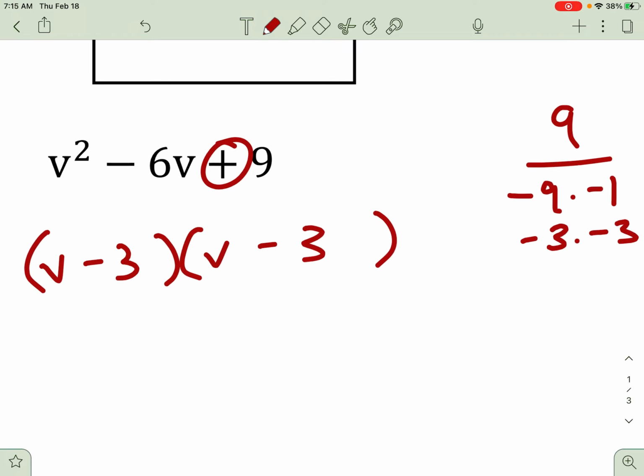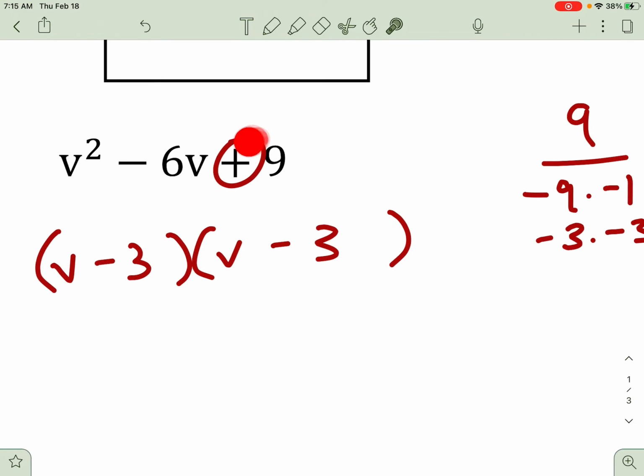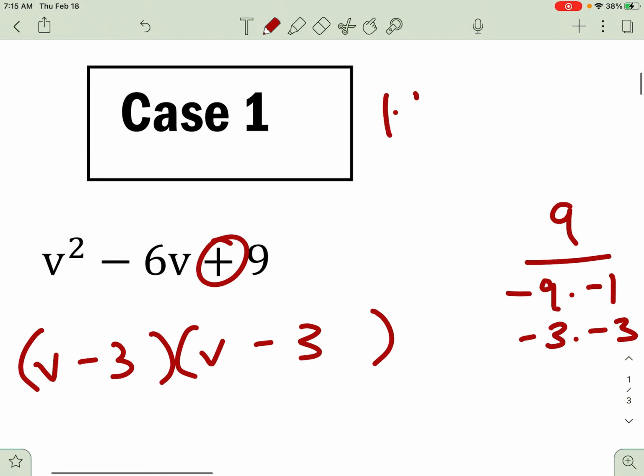So this is a special case because if the last term is positive and the middle term is negative, we know it has to be two negatives. The other thing is it's a special case because this is a perfect square, and so is this term. What I mean by perfect square is, remember that 1 times 1 equals 1, 2 times 2 equals 4, 3 times 3 equals 9, 4 times 4 equals 16.